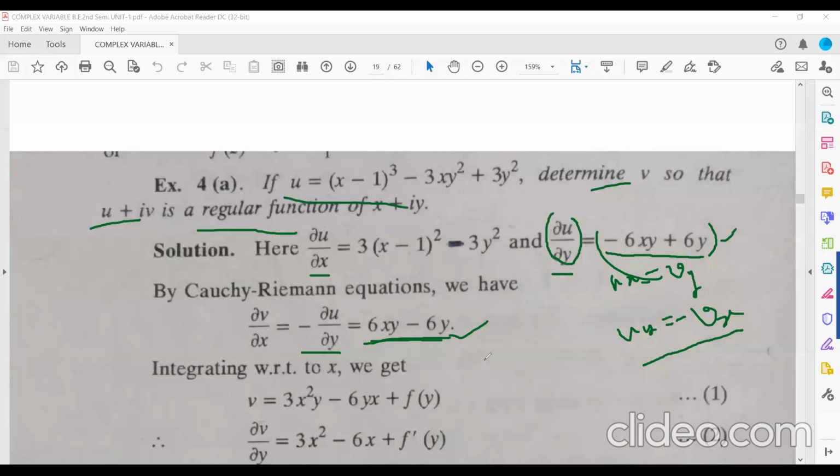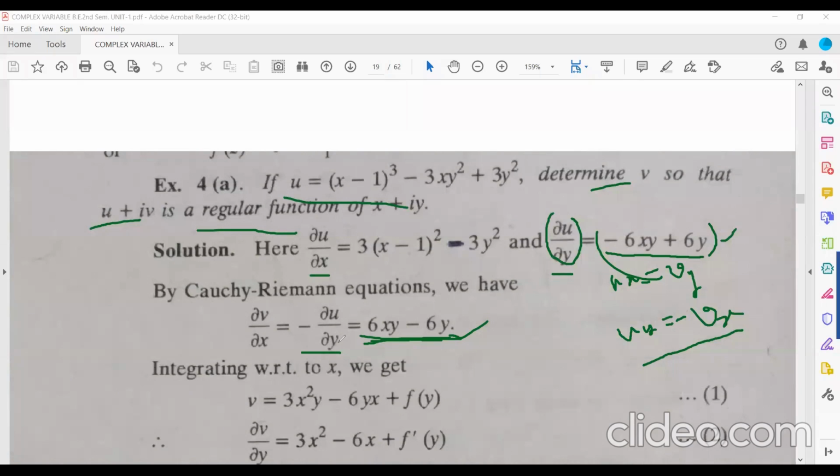So to get v from this, you need to integrate with respect to x, keeping y as a constant.